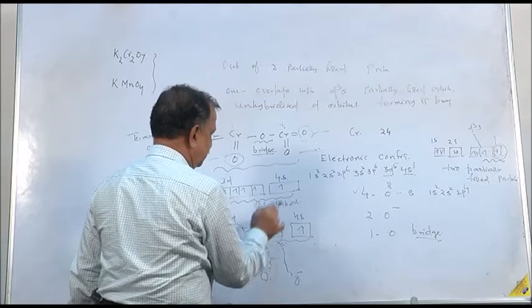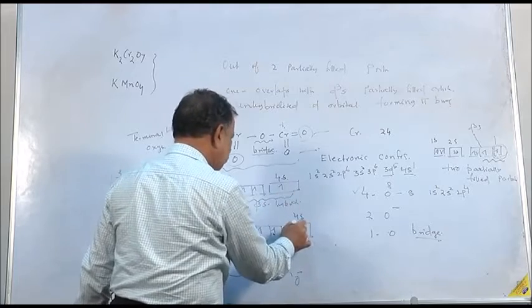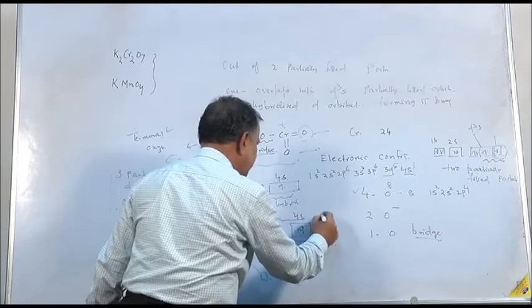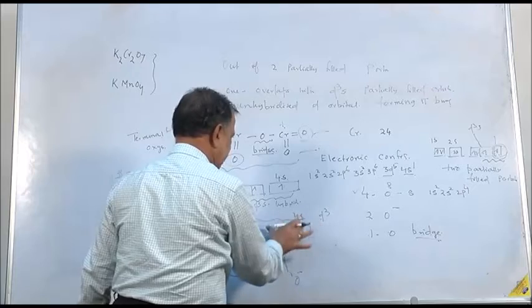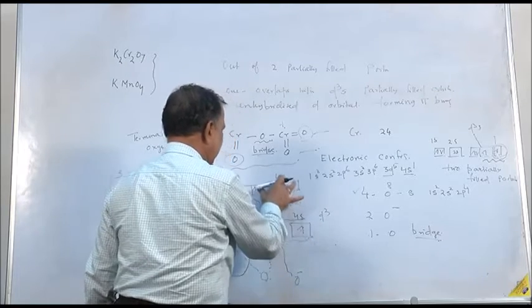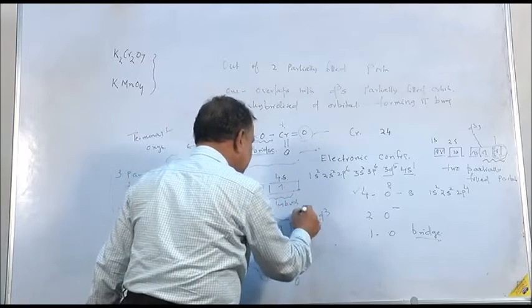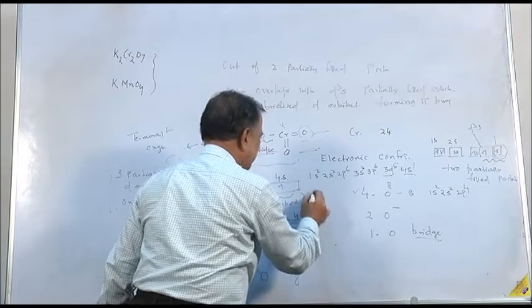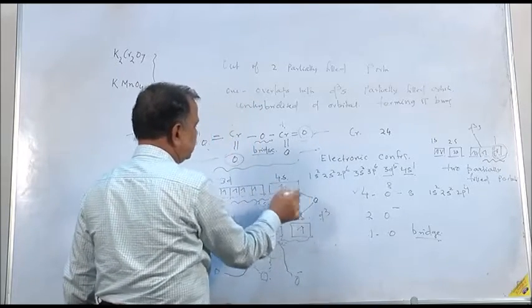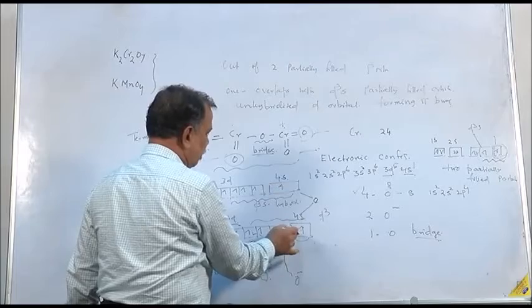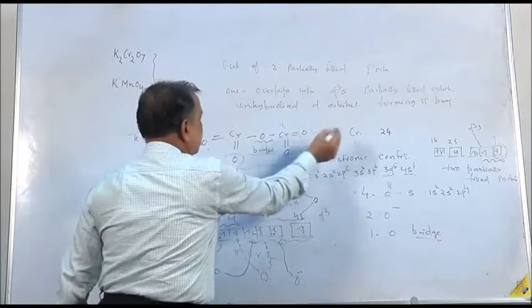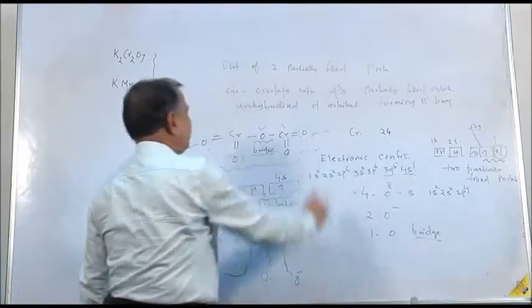This d3s is a combination of 3d and 4s. This d3s orbital combines to form a bridge with oxygen. The two orbitals form a bridge with this chromium and this chromium, forming the bridging oxygen. This is your bridging oxygen.